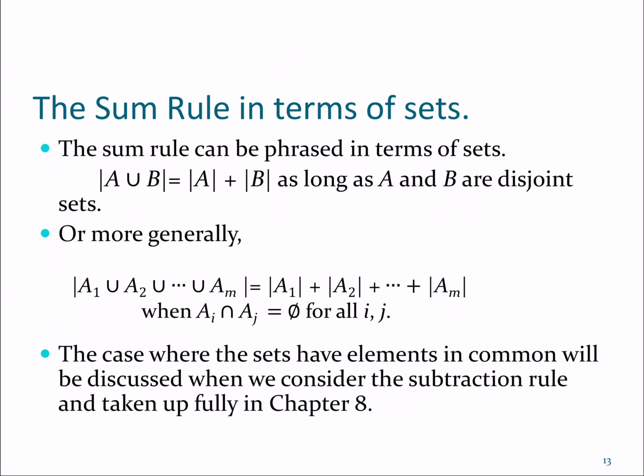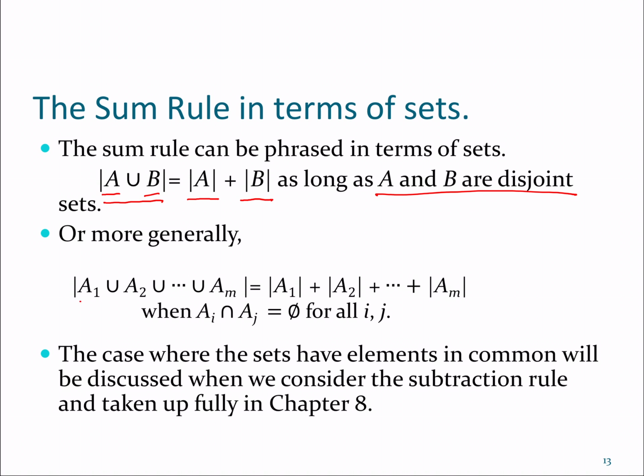In terms of sets, to look at the sum rule, consider that when we have a set A and a set B and the two sets are disjoint, the cardinality of the union of the two sets is equal to the cardinality of A plus the cardinality of B, because they are disjoint.